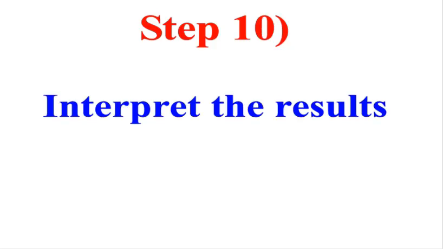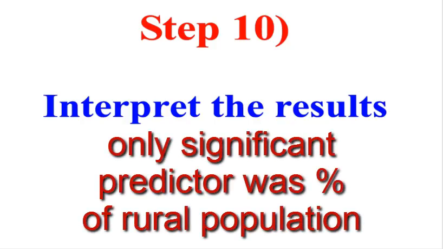So step 10 is interpret the results in plain English. Interpreting the results from the final regression model, the number one predictor for UFO sightings for the cities would be the percentage of the rural population. In other words, the higher percentage you have of people living in rural areas, the lower number of sightings you're going to have.